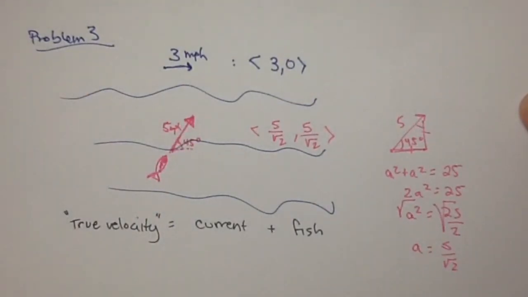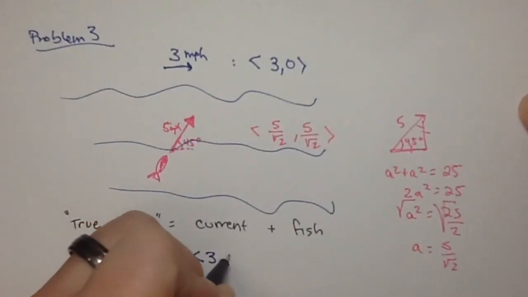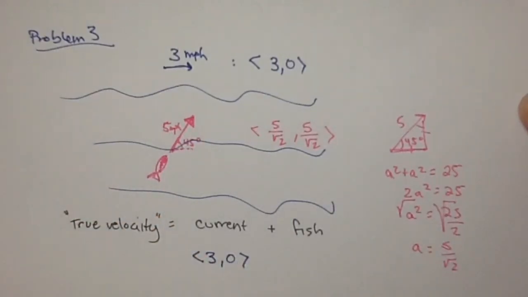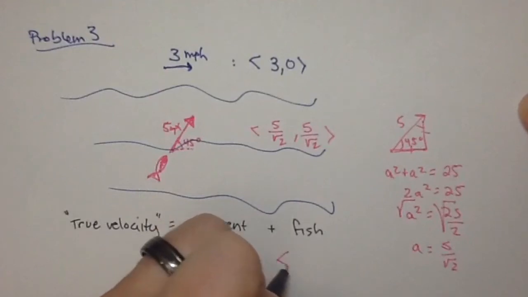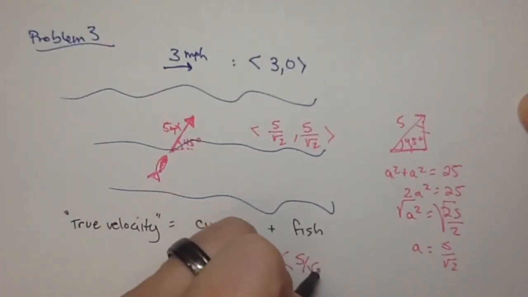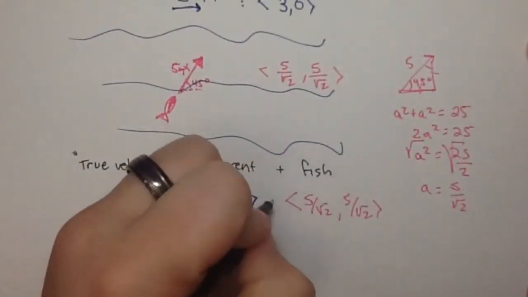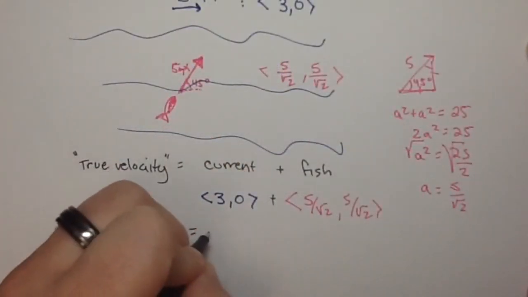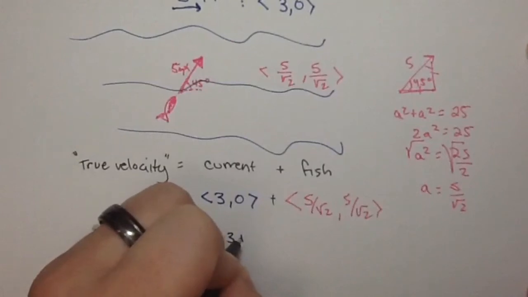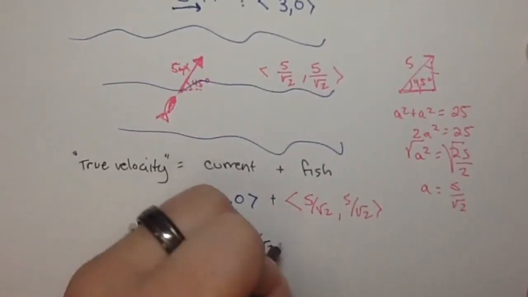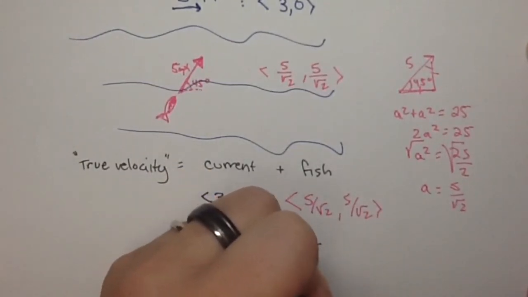So now, when we're doing this vector sum, we just have (3, 0) plus (5 over root 2, 5 over root 2). So when we add them component-wise, we get (3 plus 5 over root 2, 5 over root 2).